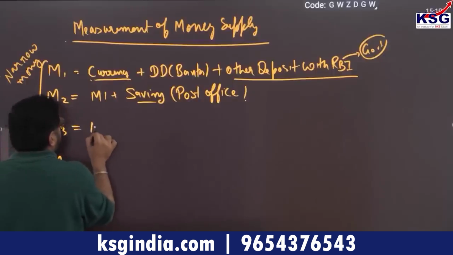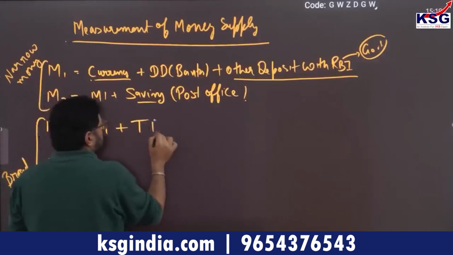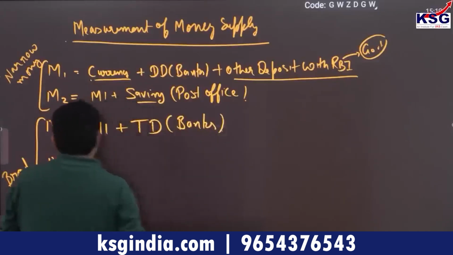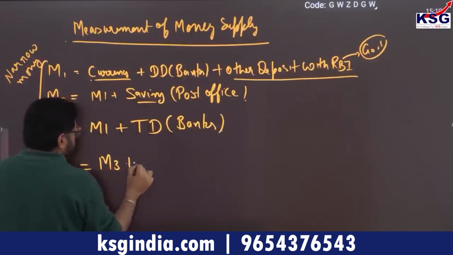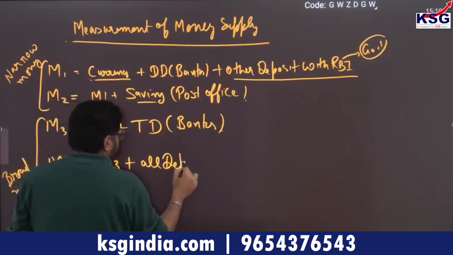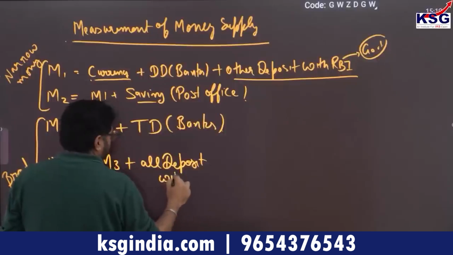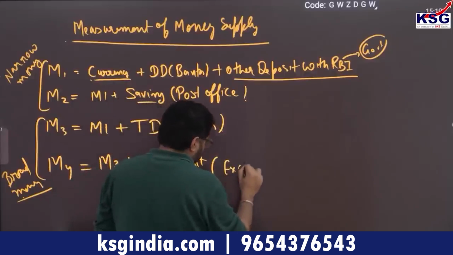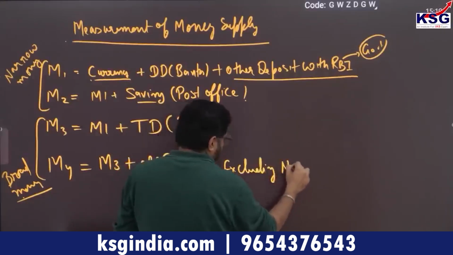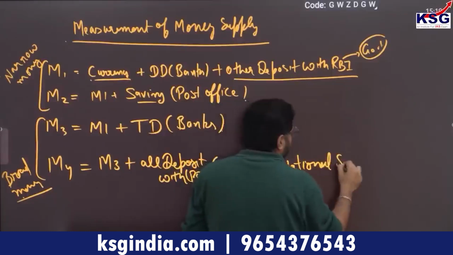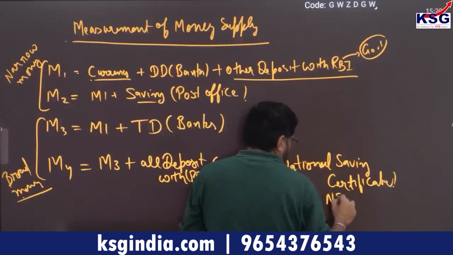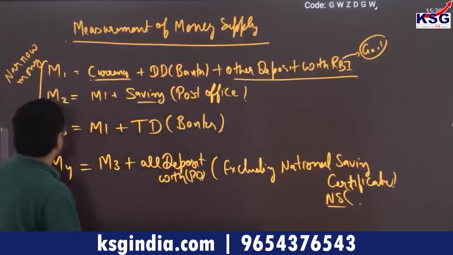M3 is basically again M1 plus time deposit with banks, and M4 is basically M3 plus all the deposits with post office, excluding national saving certificate, NSC. So this is the formula.